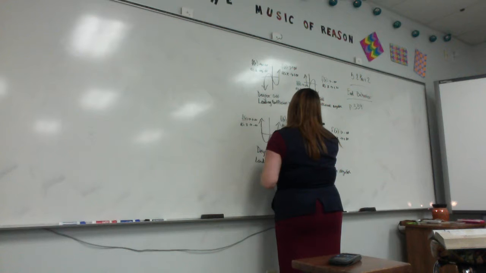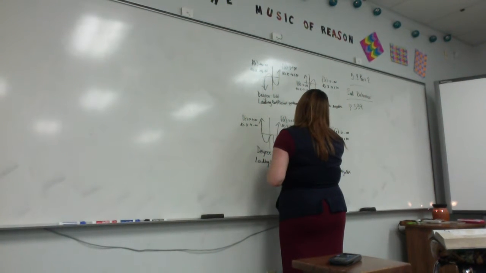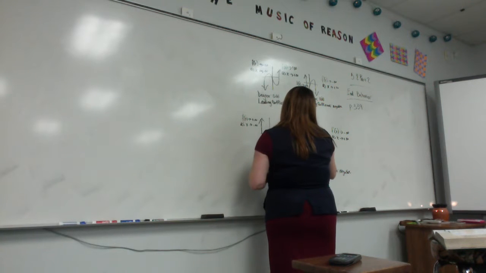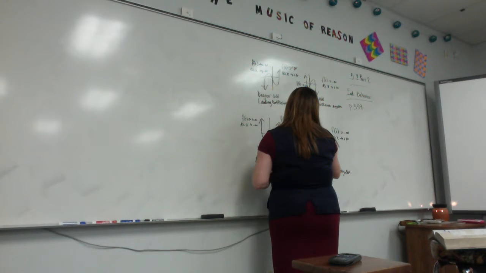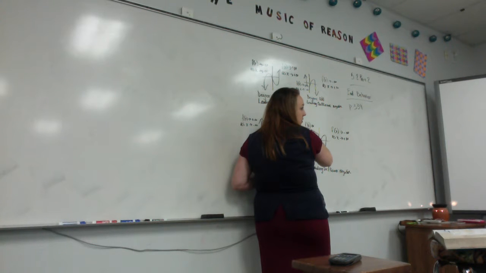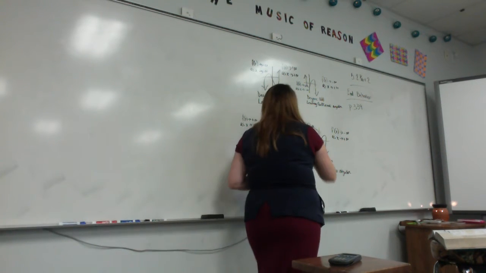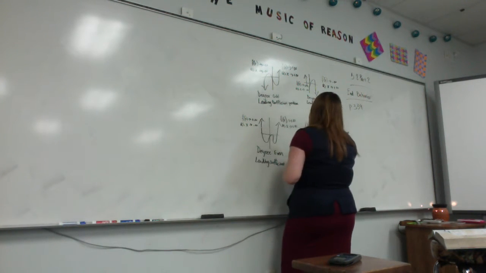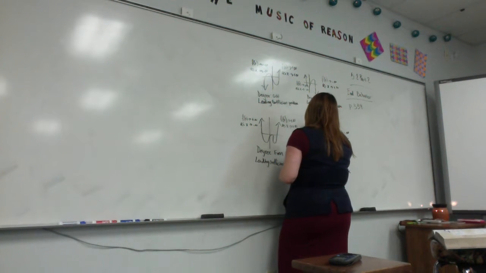As I put in negative inputs, what happens to my output? F of x becomes closer to negative. When I put in negative inputs, do I get negative or positive outputs? Negative. So f of x becomes closer to negative infinity as x approaches negative infinity.